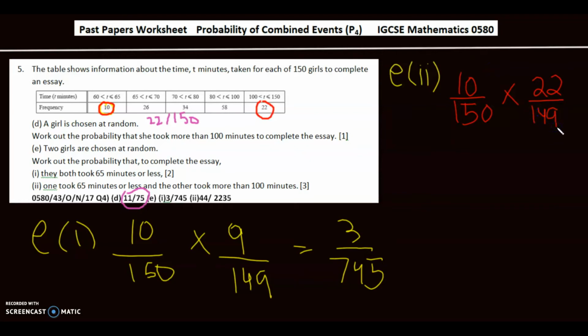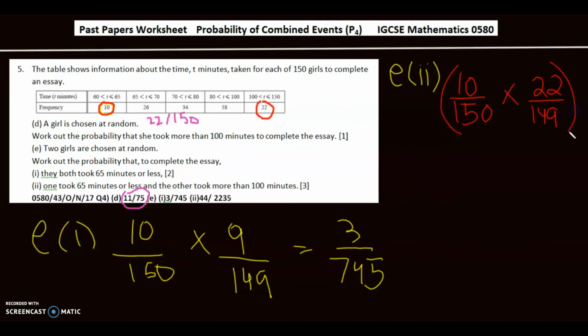And also since it says one took 65 minutes or less and the other took more than 100, it does not say the first one takes 65 minutes and the other one takes 100 minutes or more. So we also have to consider the case that the first one is from the 65 pool and the other one is from the 100 pool, or the first one would be from the 100 pool and the other one would be from the 65 pool. So you have to multiply this probability with 2 as well.